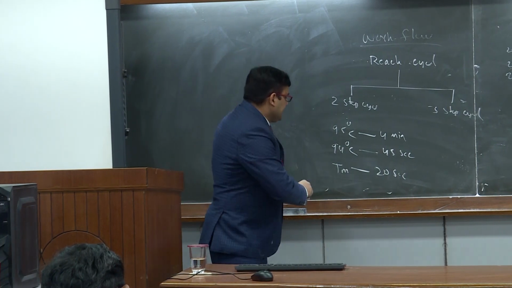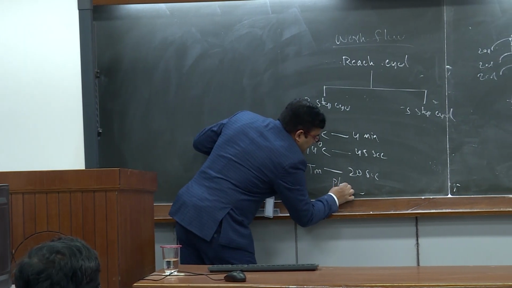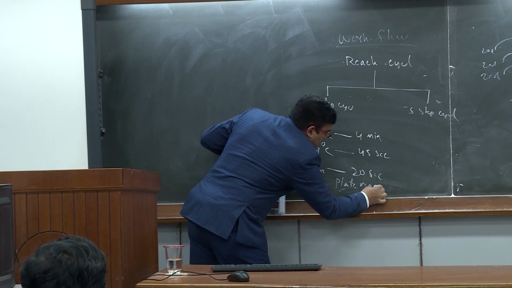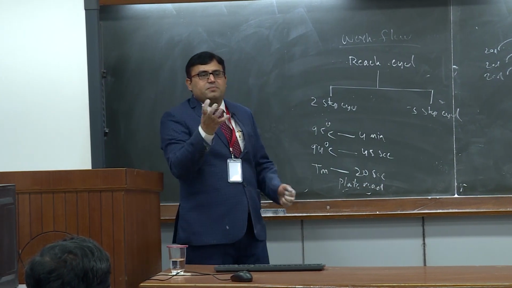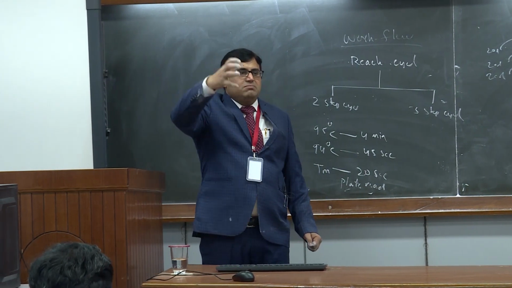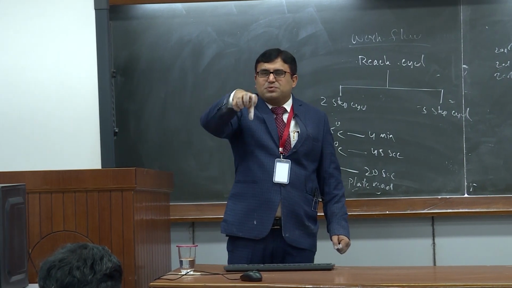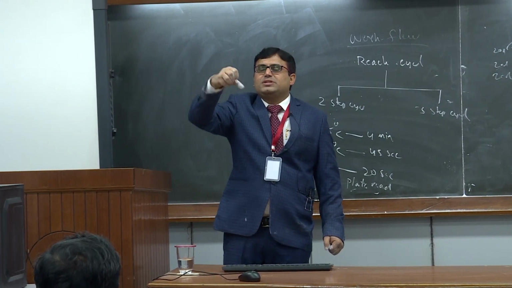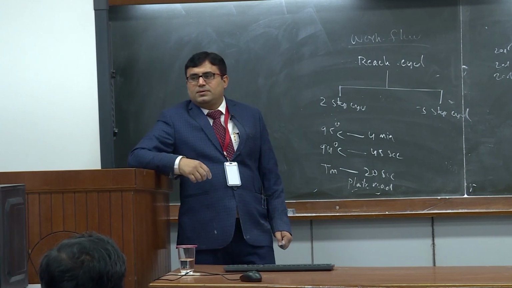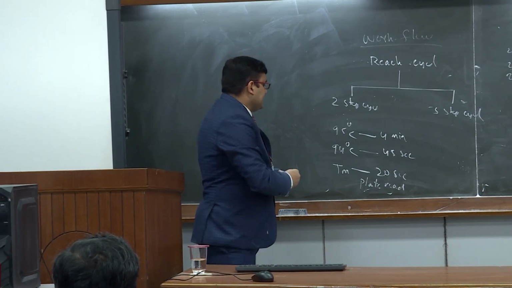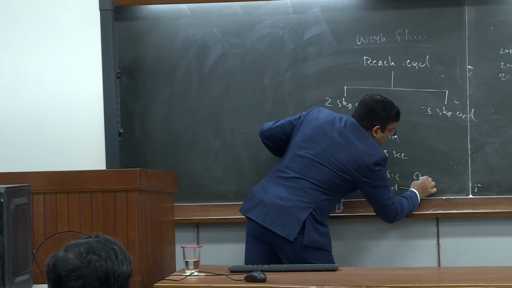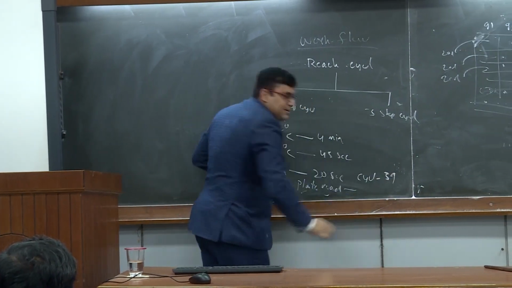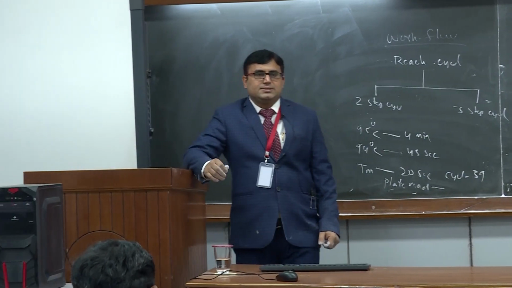And after that, there is a plate read. Plate read means your detector will come, sit on your skirted plate, take the reading of the CT values and then go out. After that, this will be cycled 39 times, so in total there will be 40 cycles.